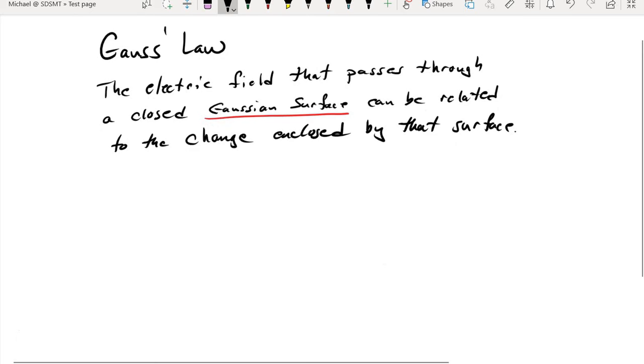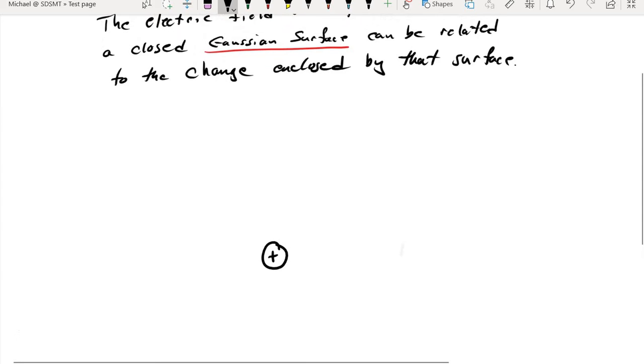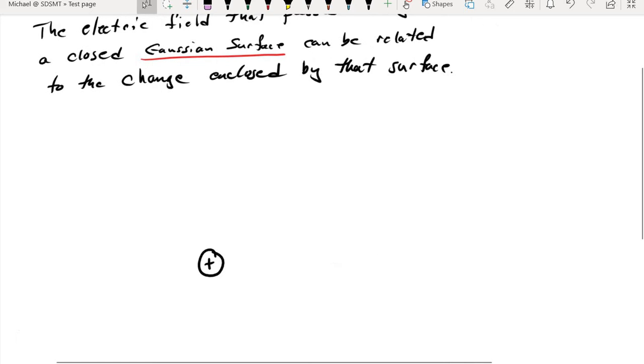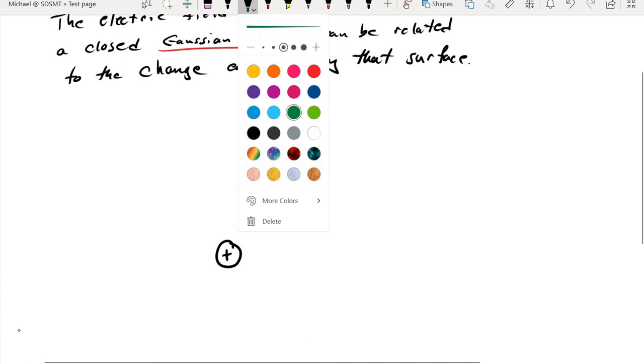So like any of the previous derivations, we're going to have some amount of charge that has been distributed in some fashion. The easiest of any of those distributions is just going to be a single point charge, so we'll start there. And as we already know, this point charge is producing electric field lines.